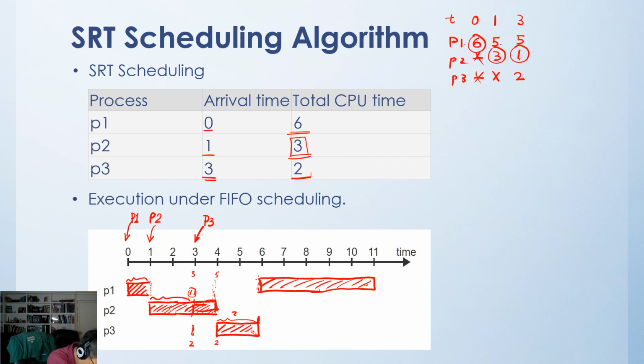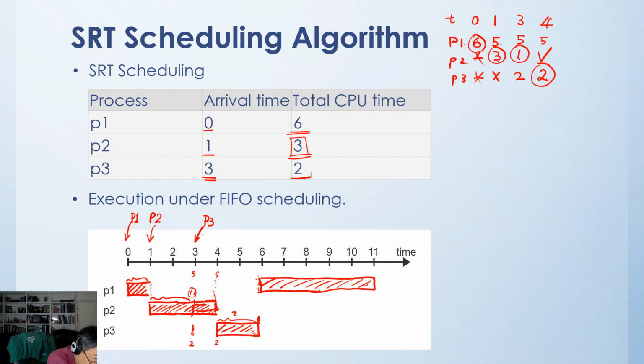And then at the time 4, P2 completes the job. Okay. Now we only have 2 processes left, P1 and P3. So then we compare P1 and P3, and P3 is selected.